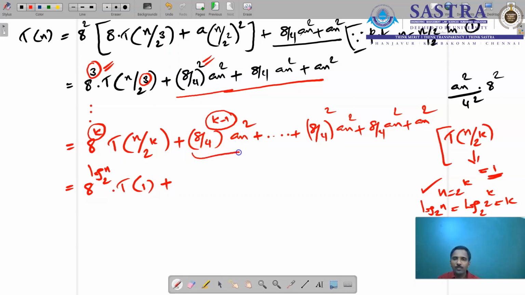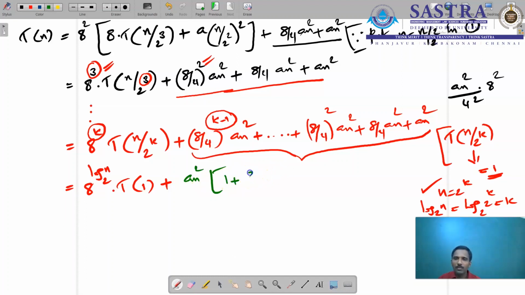Remaining terms need to be simplified considering the common factor a n square. So let's take a n square as the common term. This can be taken out. The remaining terms, from right to left, are: this is 1 a n square, let's write 1.